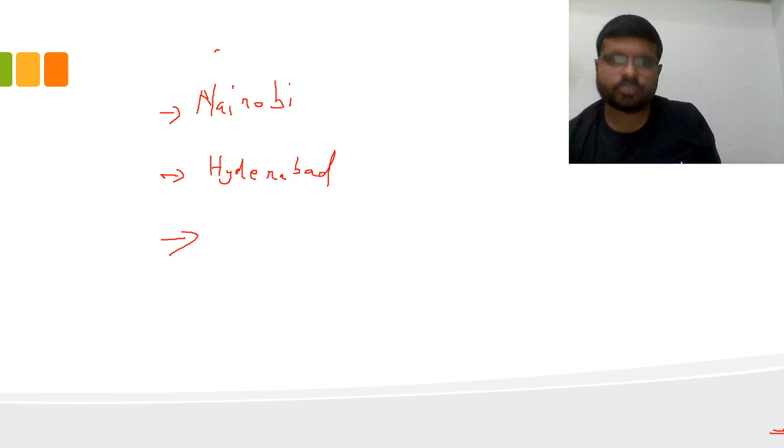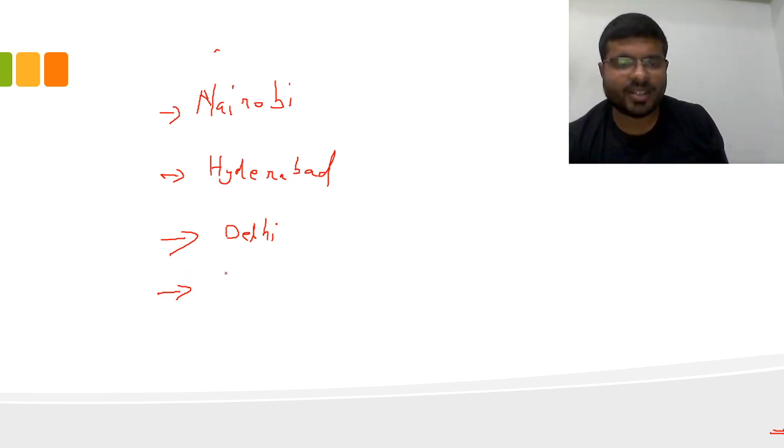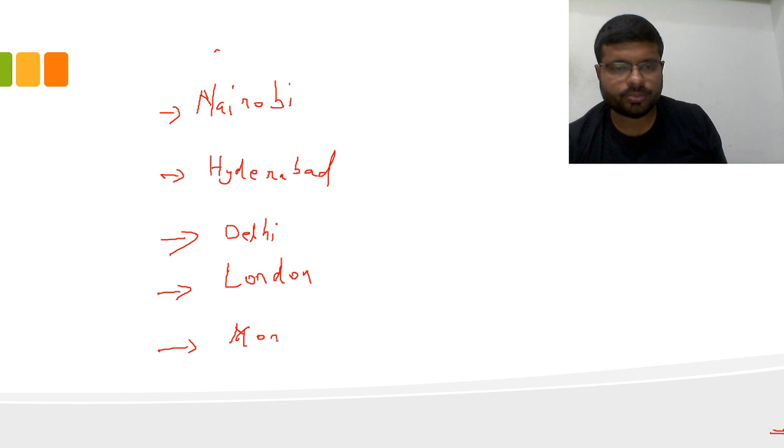Then from Nairobi to Hyderabad, then identify Delhi. If you are from Delhi, then just one, right? No, Hyderabad and Delhi. Then next, identify London. Then identify Moscow.